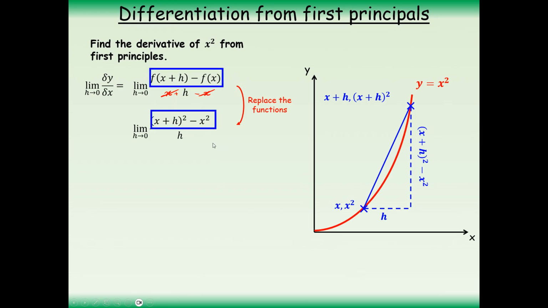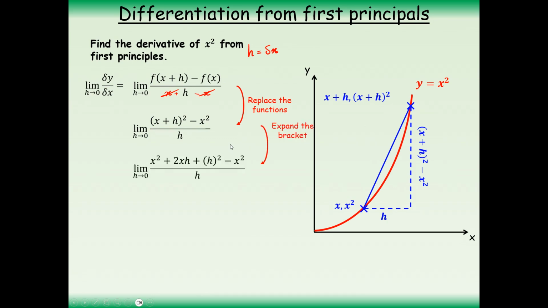Rather than delta x, which we had in our last slide, I'm just calling it h for simplicity, because writing that delta x is somewhat difficult for some people. Once you expand this bracket, notice we are using binomial expansion here.